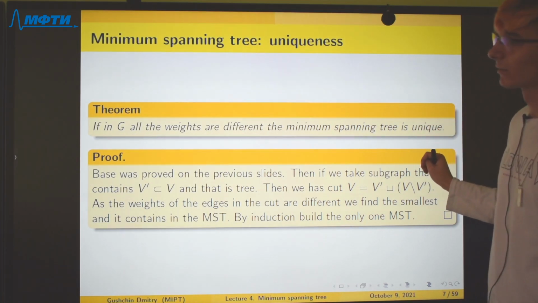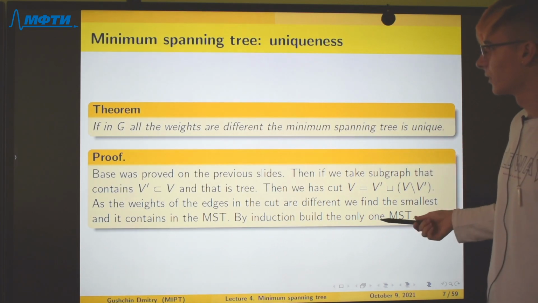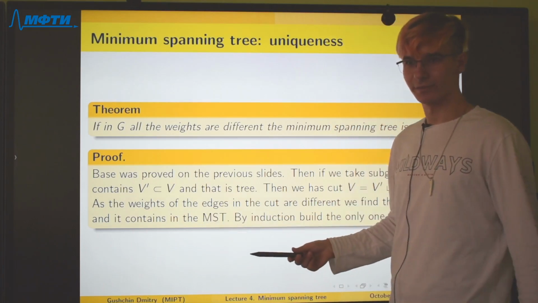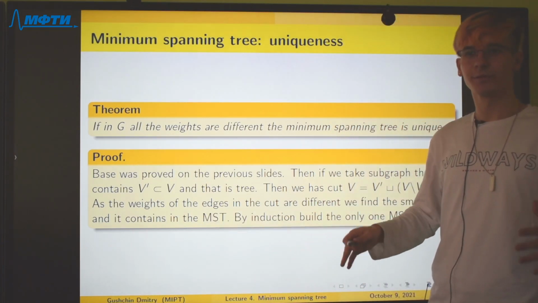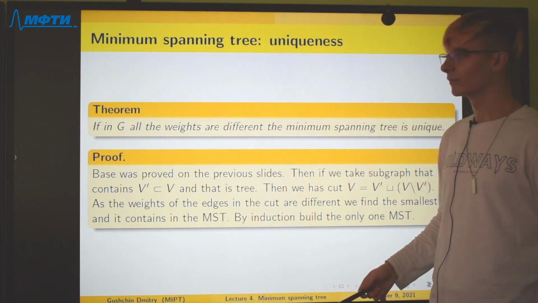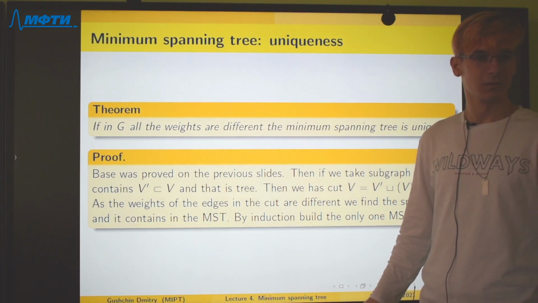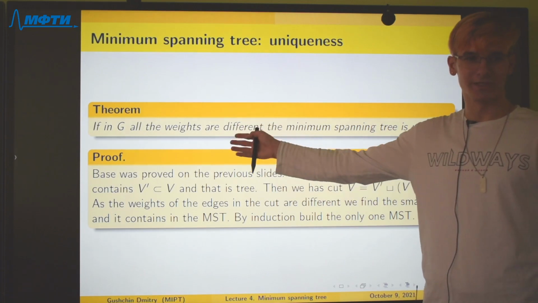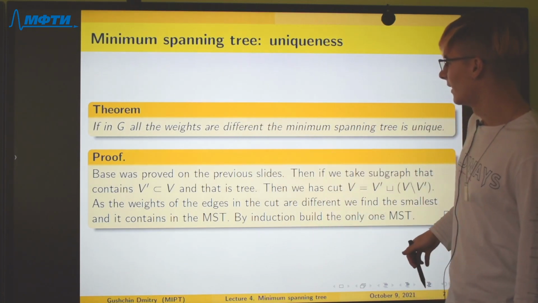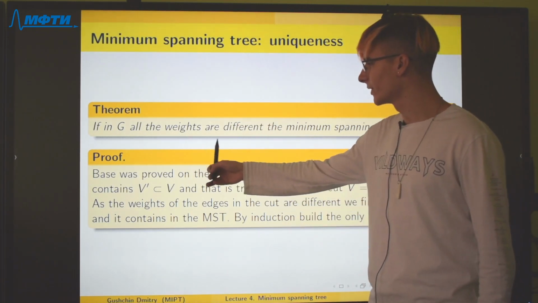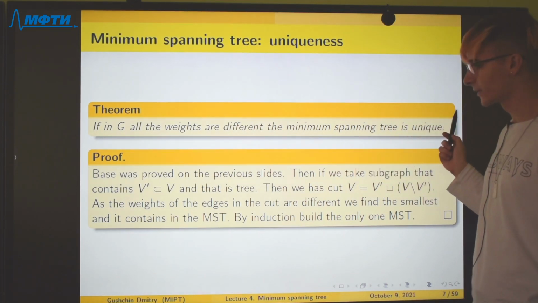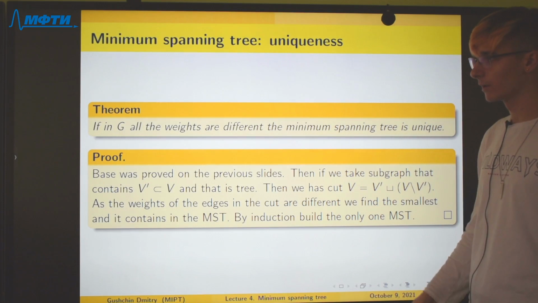If we have a graph, of course a connected graph, today we'll talk about connected, undirected and weighted graphs. And if all the weights are different, then we say that the minimal spanning tree is unique. It is only one in the graph.